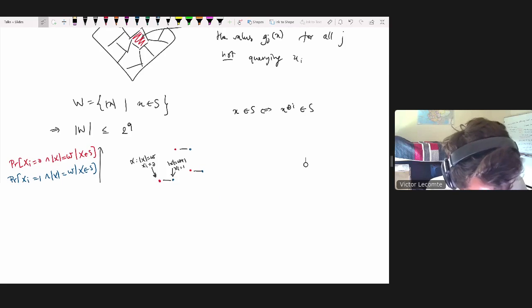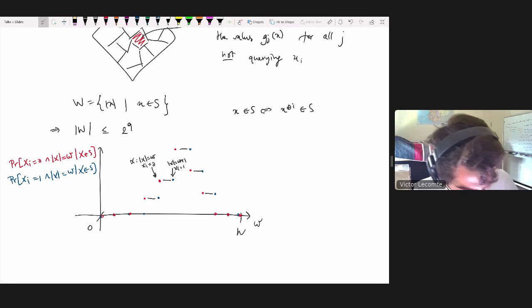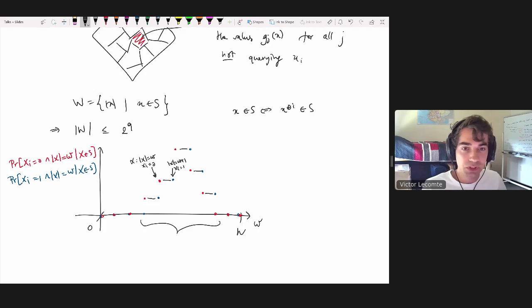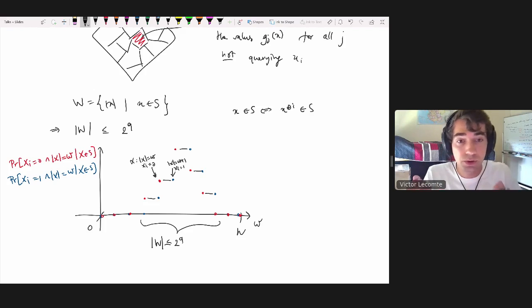Okay, that's the first observation. The second observation is that whichever set of values we have with non-zero probability weight, there's at most 2 to the q of them, because the set of values with non-zero probability is exactly the set W that we defined, and we showed that W had size at most 2 to the q.